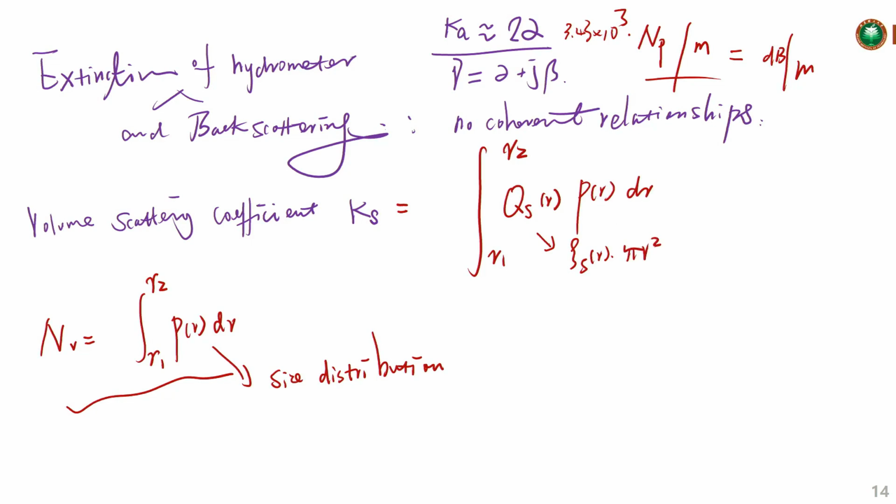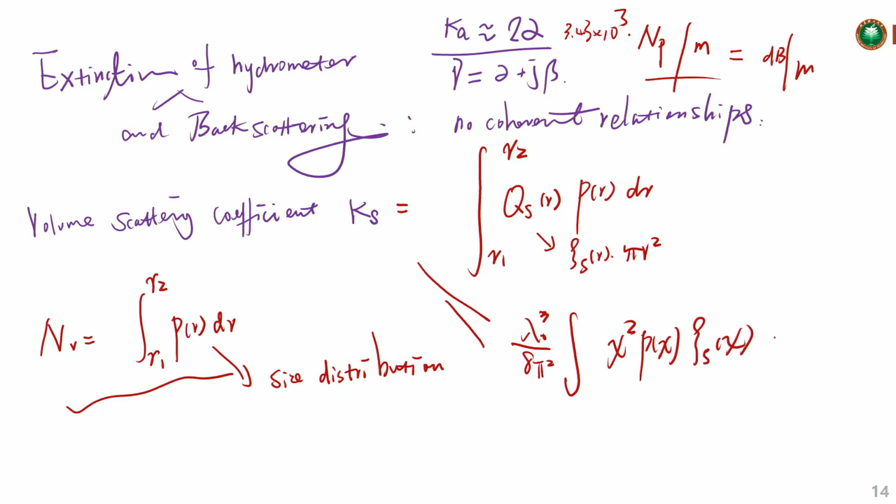If we substitute them together into this equation, it can be further expressed by another equation: kappa_s equals 8 pi squared times the integration of chi squared, p(chi), times psi_s(chi) d chi, from 0 to infinity. So this is the scattering. Okay, now we have finished this part.